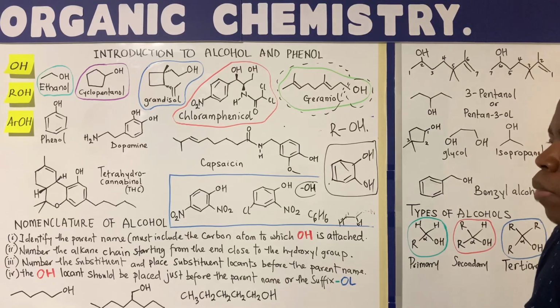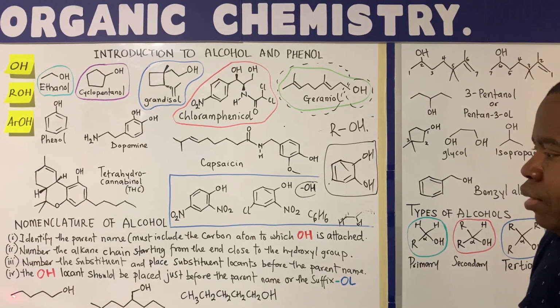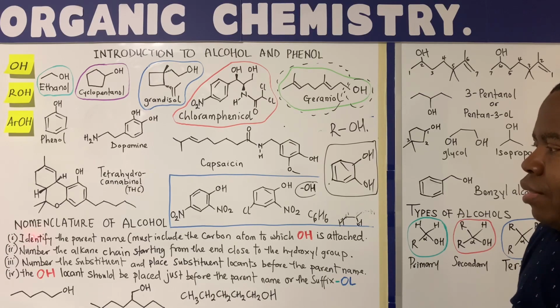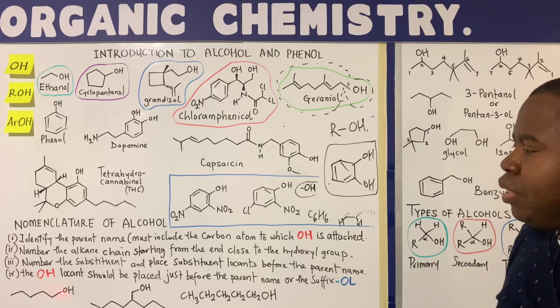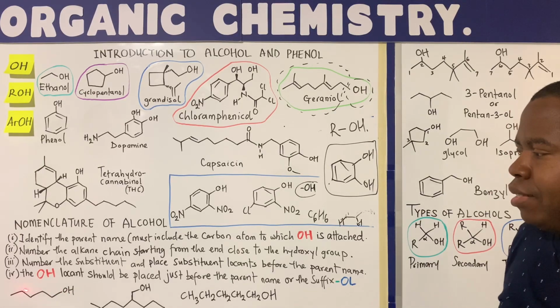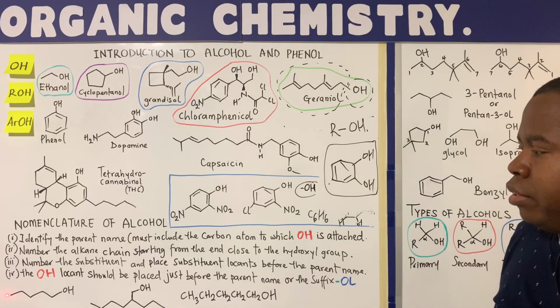So how do we apply this rule? Let's take a look at this example. This is an alcohol. It's actually pentanol. Based on the first rule, identify the parent name. Usually the parent name is derived from the longest carbon to carbon chain in the molecule. In this case, the longest chain is 5: 1, 2, 3, 4, 5.